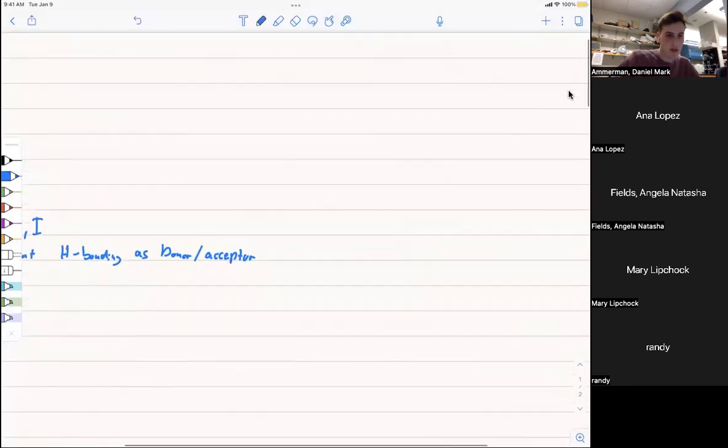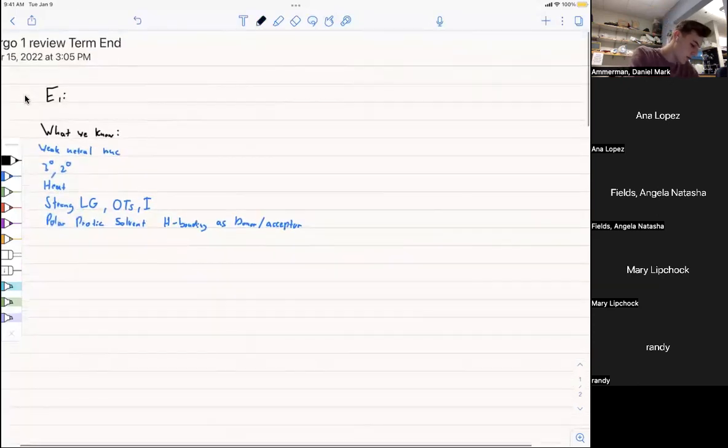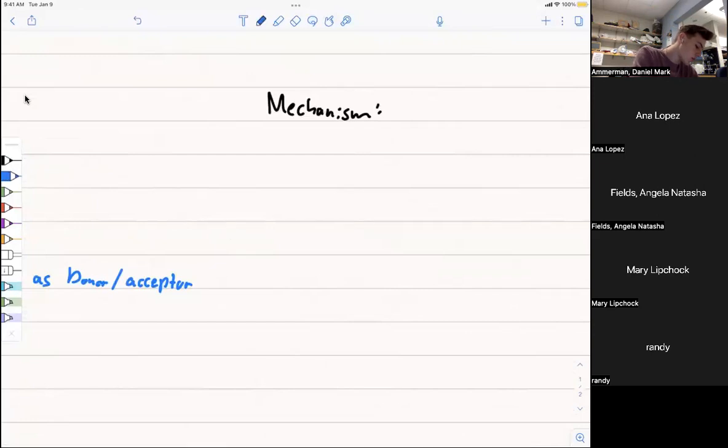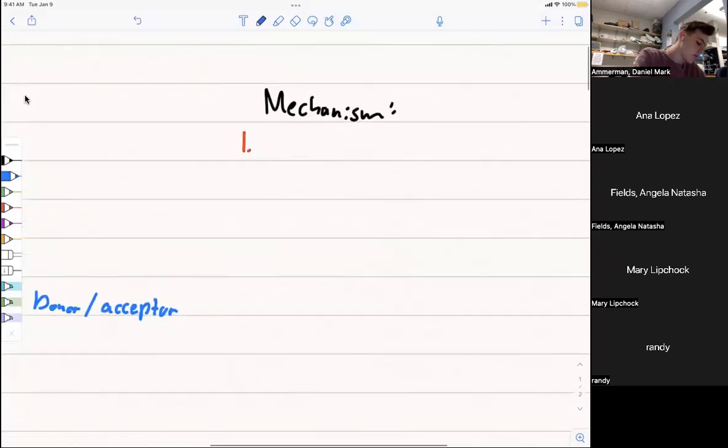As far as the mechanism for this goes, it's going to be a few steps. So the first one is we might have to do it, so it's going to be in red. It's going to be making a better leaving group.